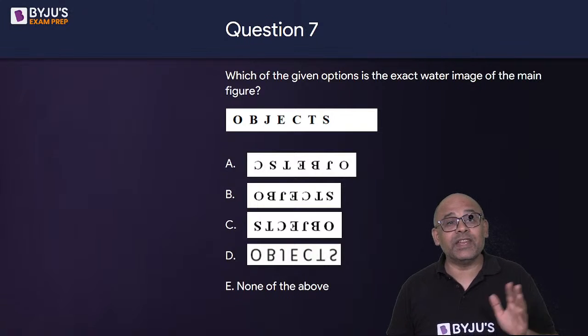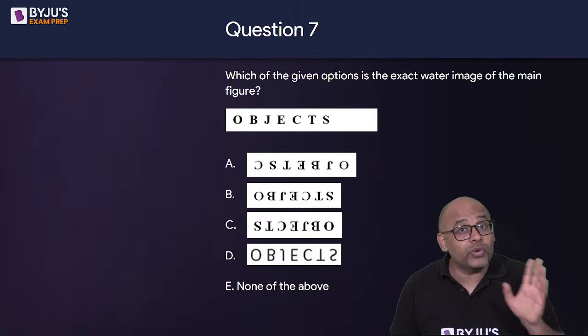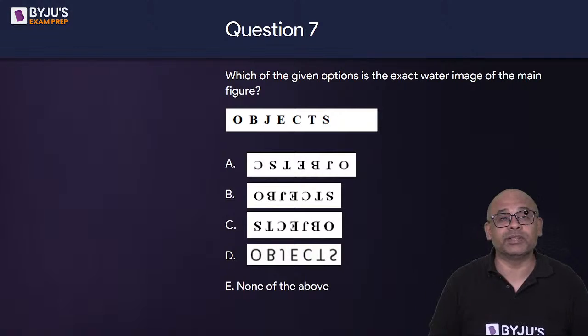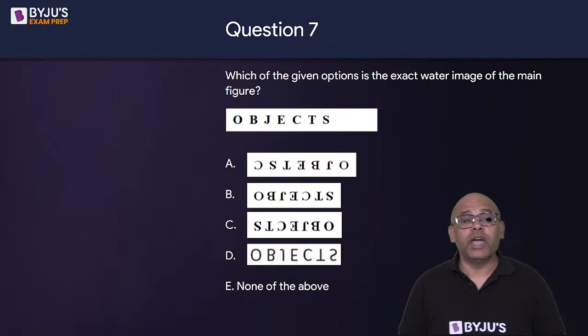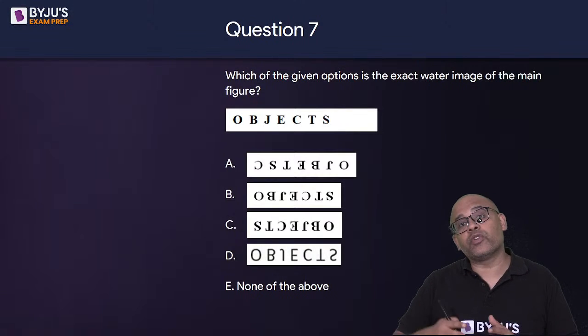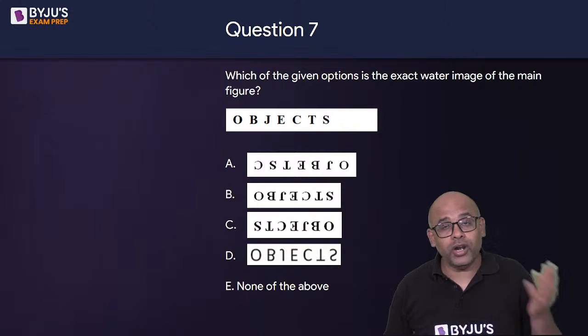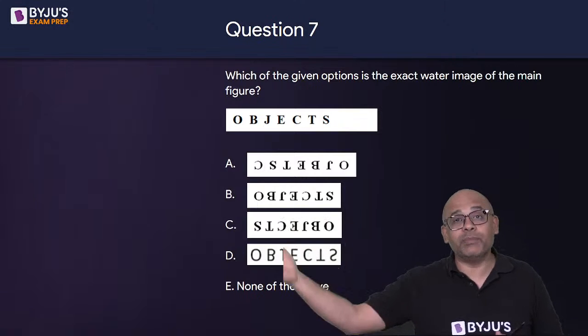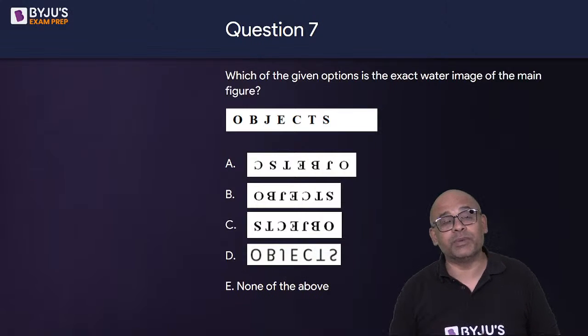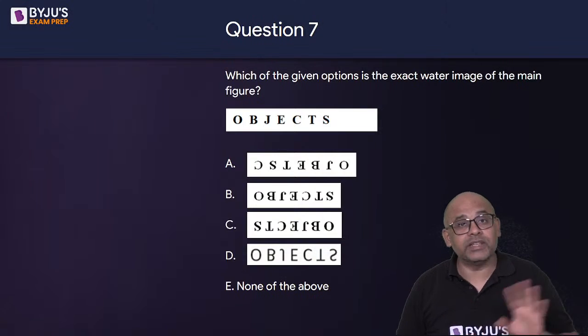Either you should have got a 99 plus percentile, or you should have had 97, 98% and then probably a 97 percentile. It is not surprising at all.